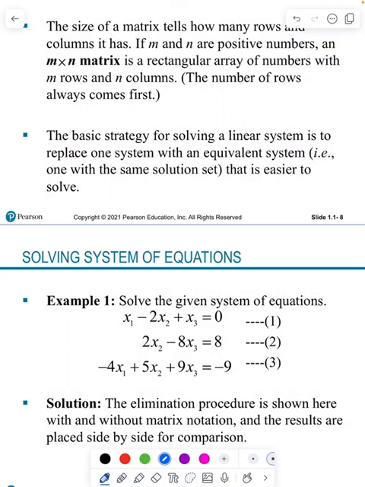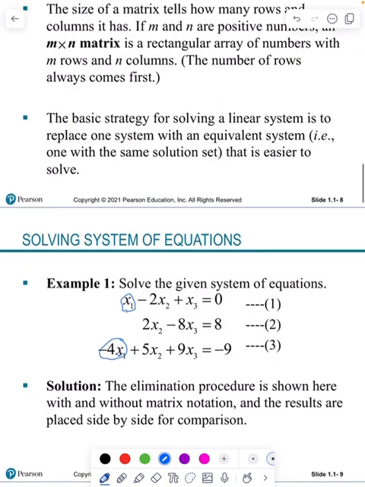For example, we can eliminate the variable x1 from the third equation by using the x1 term in the first equation, but we will keep it in the first equation because we cannot eliminate it from every equation. Also, we don't want to eliminate it. We have to find its value.